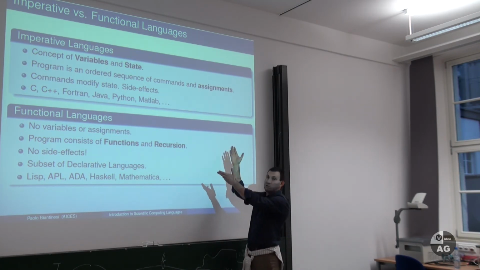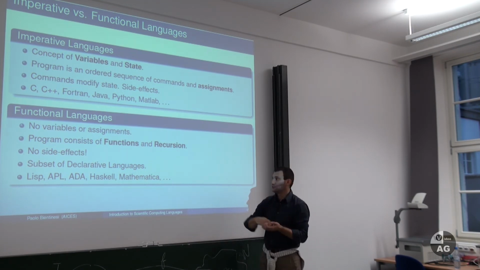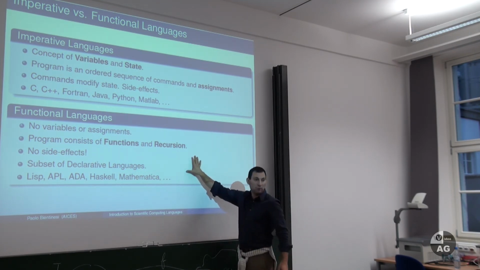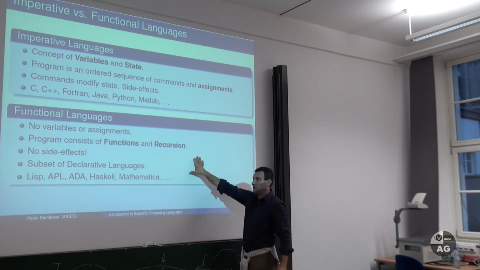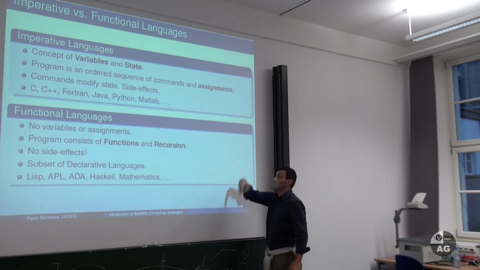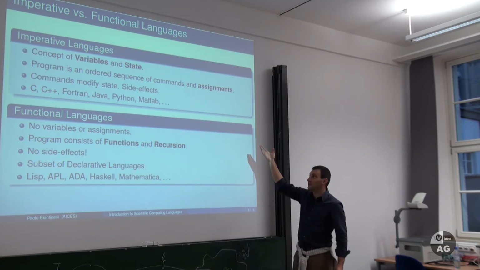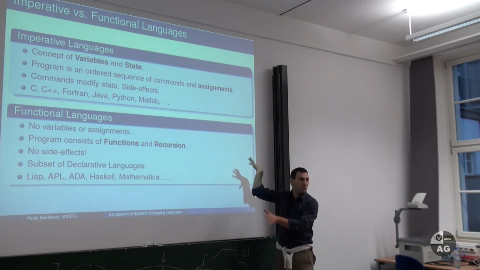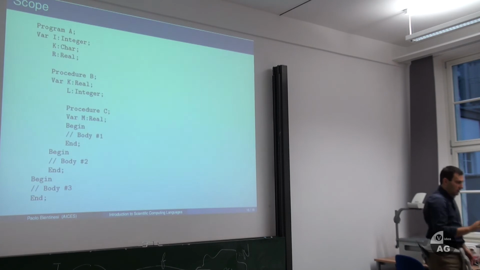Because the iterative world is very intuitive for us. There are some constructs that make our life easier. And so we have iterative constructs in functional languages. At the same time, we have recursion inside the imperative languages. So now this thing is more of a blob, but the distinction is still pretty clear. Okay, now we have fun.